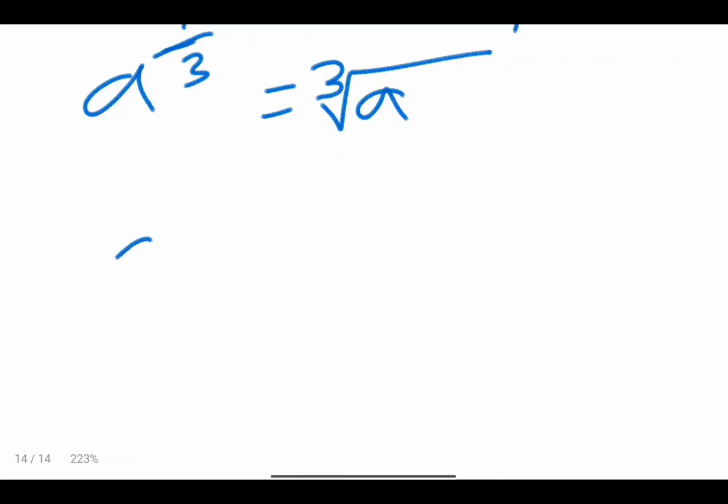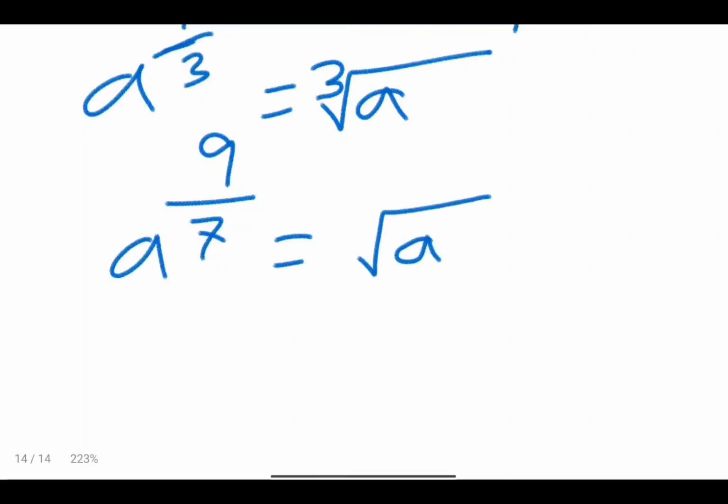And what if it is something like this, a very odd number like this? It means a has this 7th root, but also a power over it. Like this.